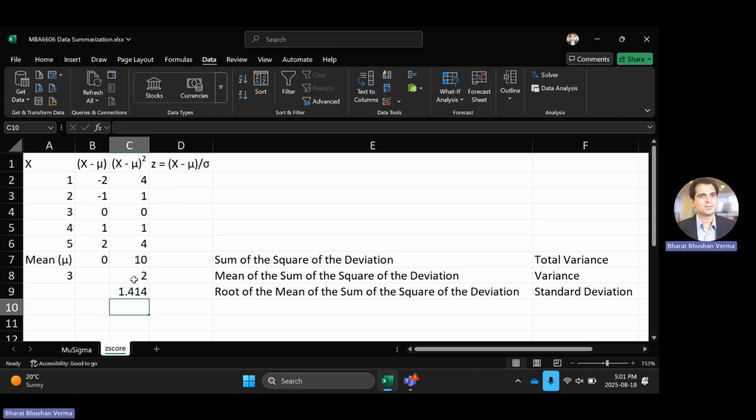Now we will need the standard deviation to calculate the relative value with respect to mean in multiples of the standard deviation. So we are rescaling this data to develop a very useful measure of deviation.